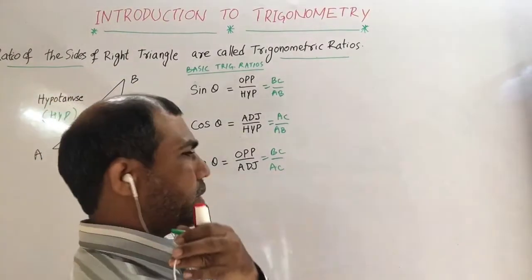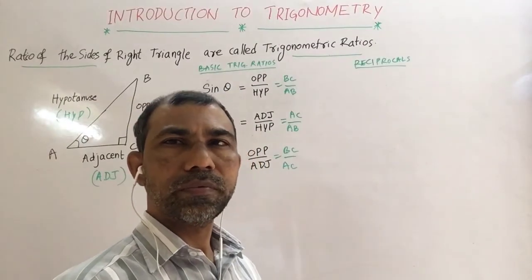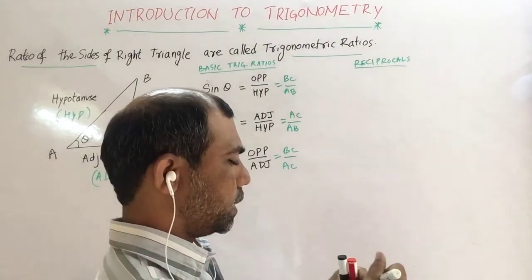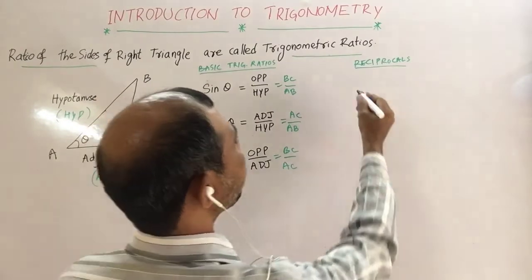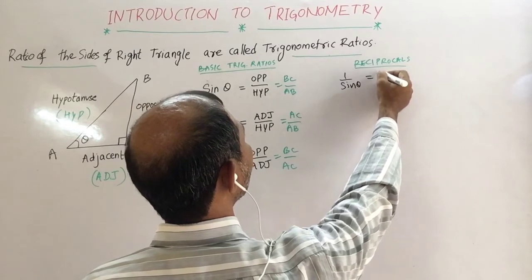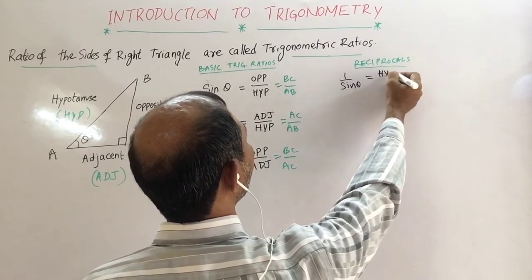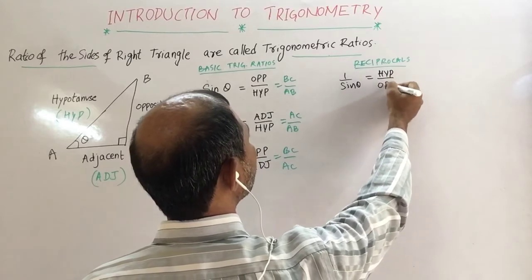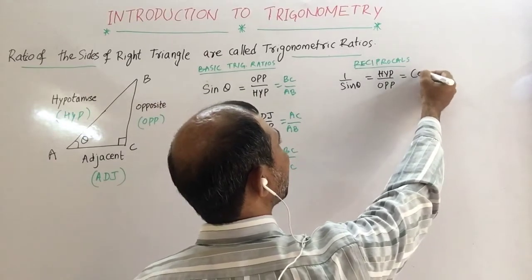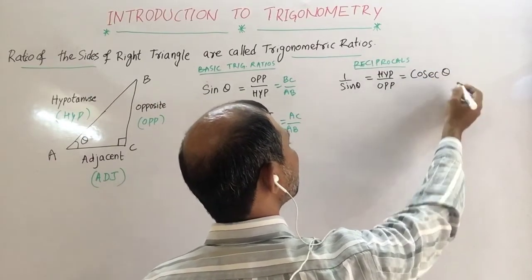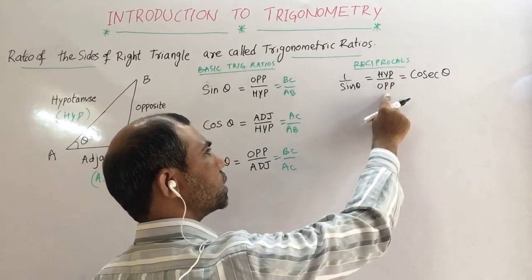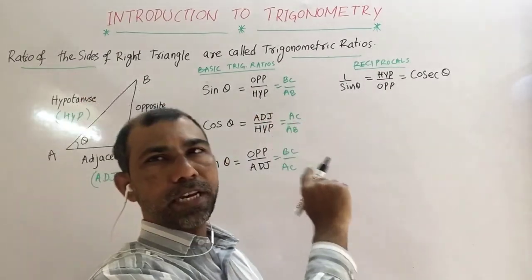The reciprocal of sine theta, 1 over sine theta, is equal to hypotenuse over opposite, and this is nothing but cosecant theta. So the definition of cosecant theta is hypotenuse over opposite, which is the reciprocal of sine theta.